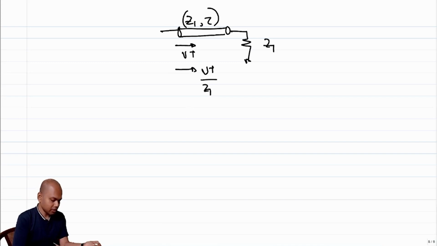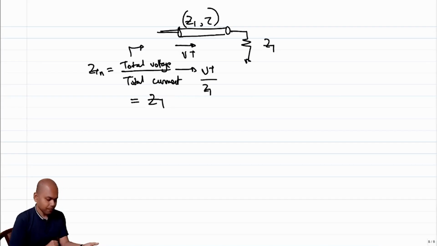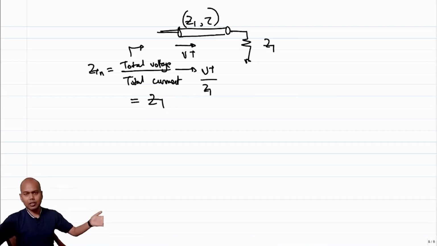So what is the impedance looking in? It is essentially total voltage by total current. So Z in is total voltage by total current, which is equal to Z1, right, regardless of how long the line is.